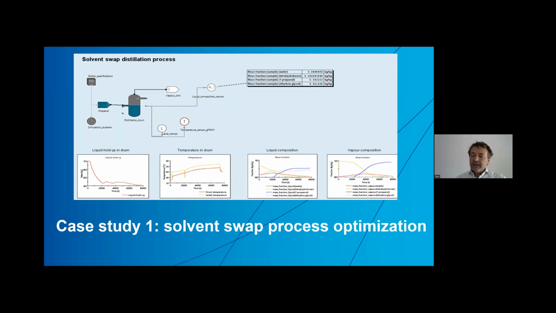What you see on this slide is actually the use of the model in the desktop environment I was talking about. So this is what the engineers in process development, process engineering will use to design an optimal recipe for a batch distillation, in this case, the solvent swap.